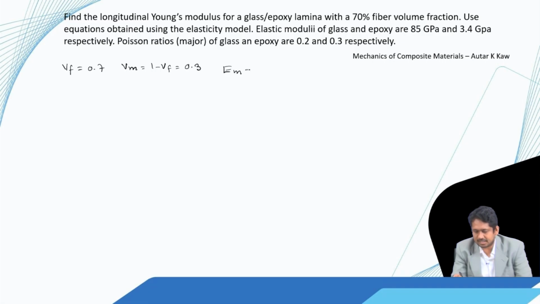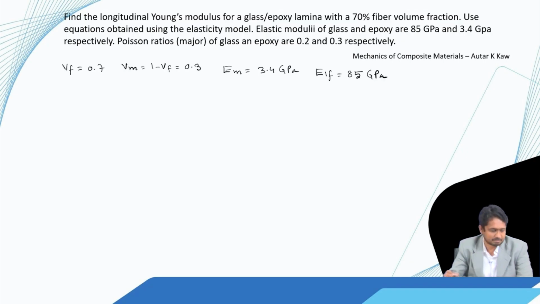E m is given to us and that is 3.4 GPa, and E 1 f is 85 GPa. Nu 12 f is 0.2 and nu m is 0.3.